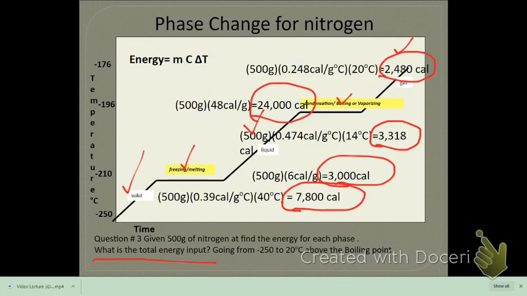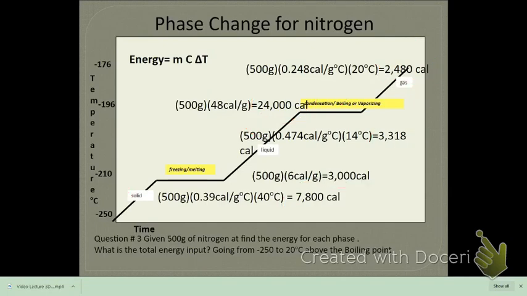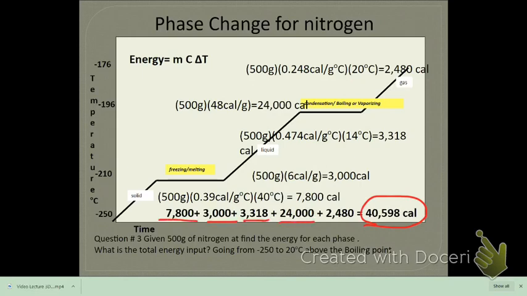If you add them all together, you should come up with 40,598 calories. Again, you're just adding them all together. And that gives us the total energy input, because that was your question.